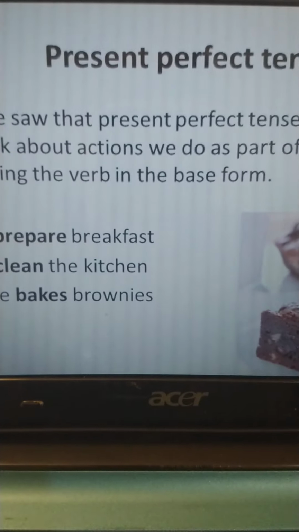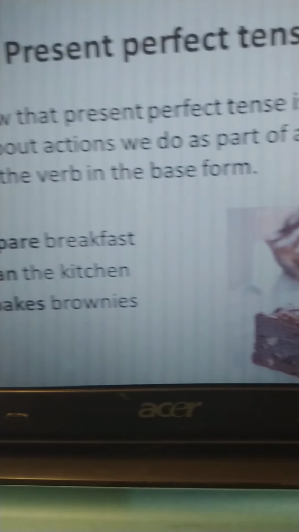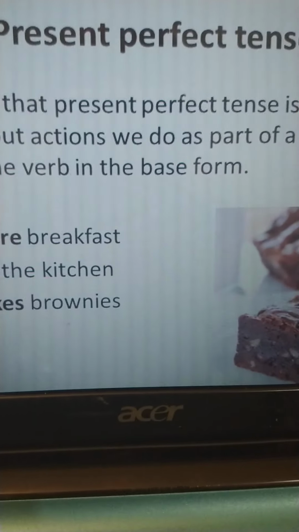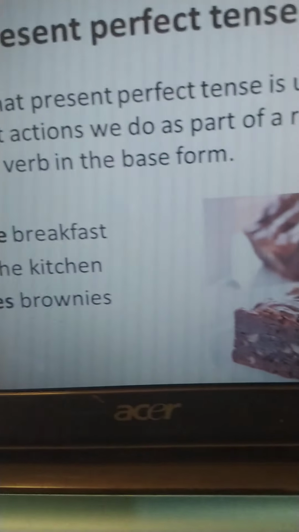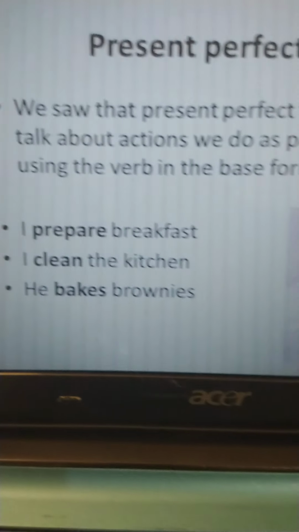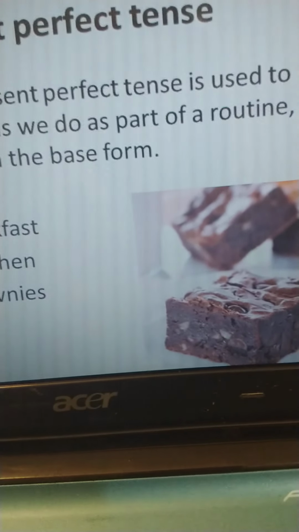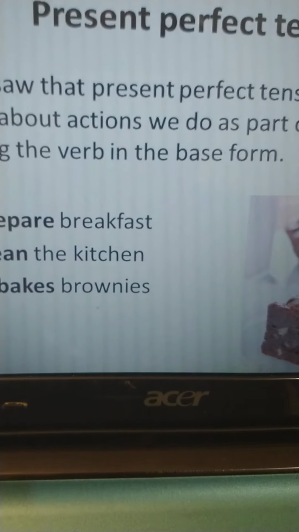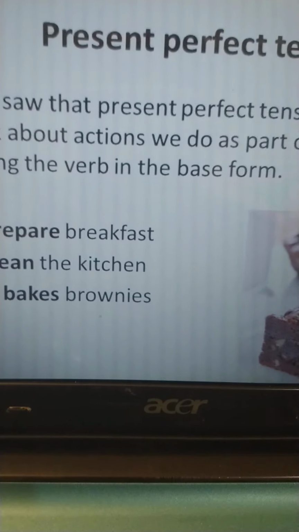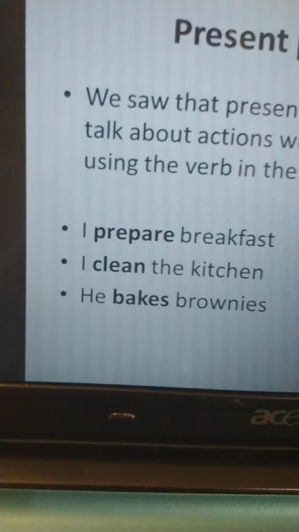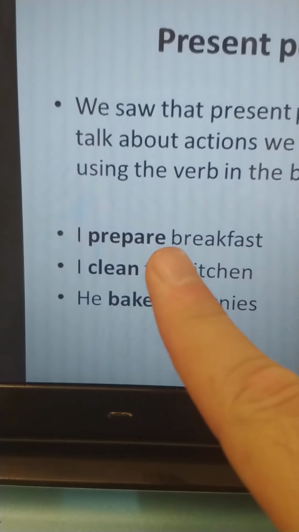Okay, we also worked with present perfect tense. And we saw that present perfect tense is used when we talk about actions that are done as a routine or as a habit. Not right now, but we do them as a habit. For example, I prepare breakfast.